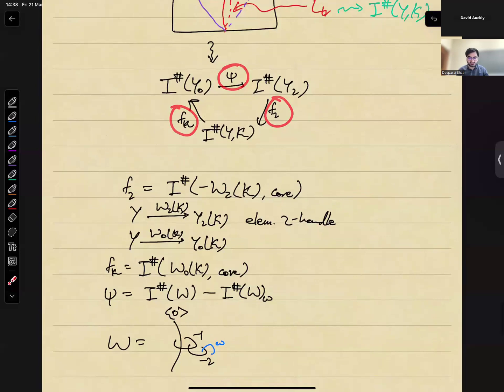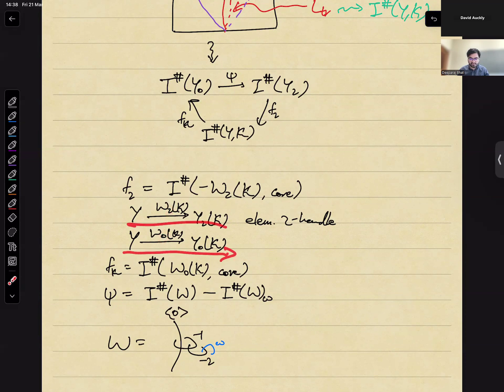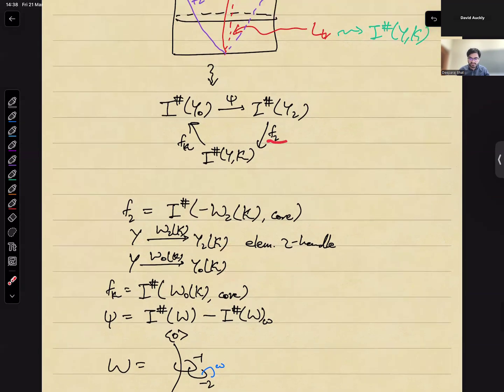And the result is the following. If you look at your elementary two-handle attachment with, say, framing 2 or framing 0, you get these four-manifolds from Y to +2 surgery and 0 surgery. Then these maps can be described as follows: for this one, you reverse this cobordism and keep track of the core that you attached.